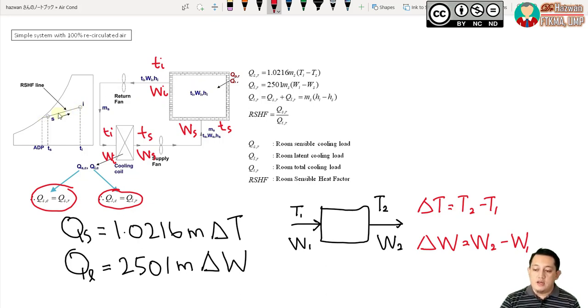If we plot the line and go straight until here, we have the apparatus dew point, which is where the relative humidity is equal to 100%. This is the dew point of the cooling coil.